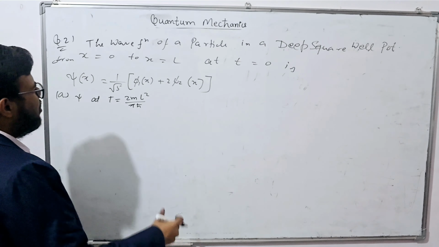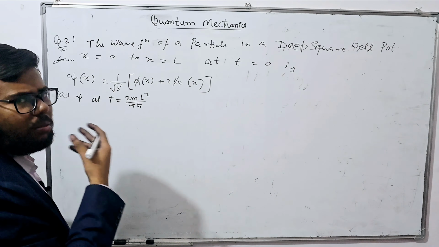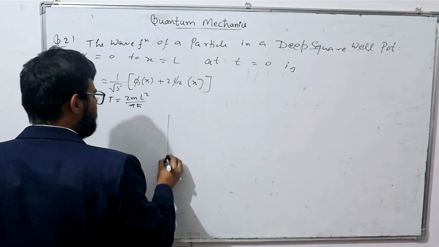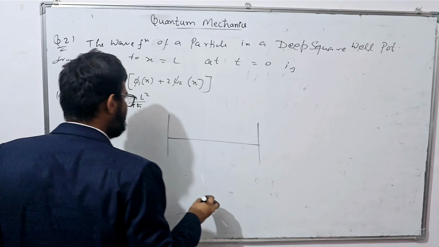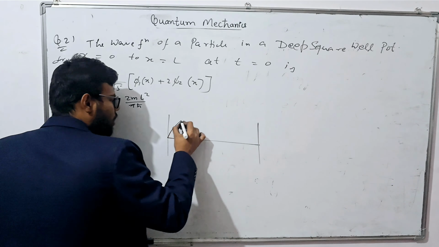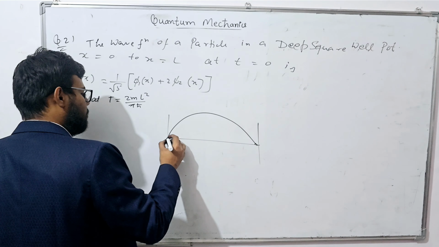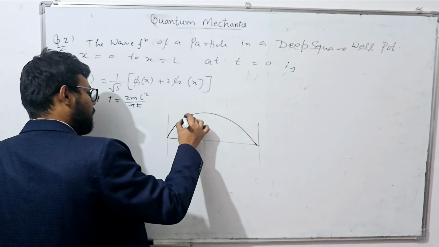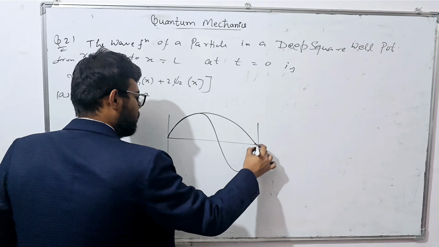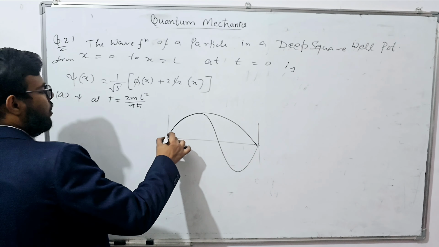Okay, so first of all, let's see how the function may look. Phi 1 will look something like this, and phi 2 looks like this. So you are adding this.